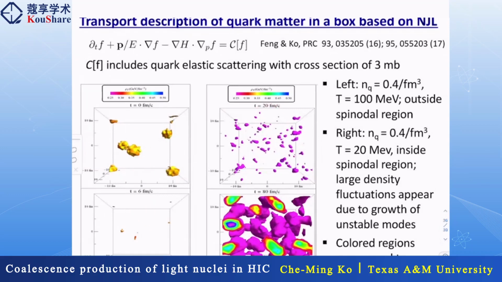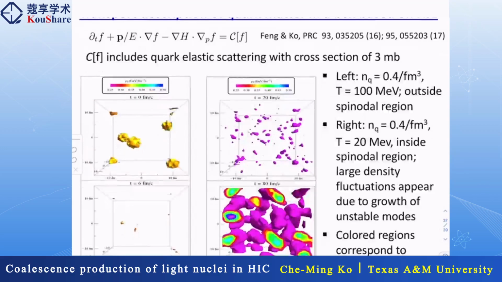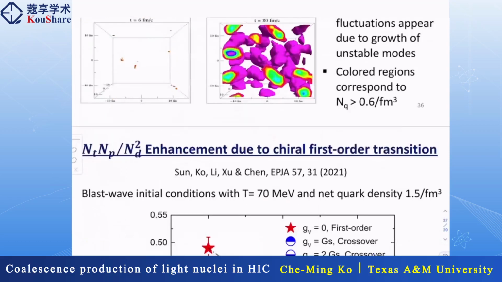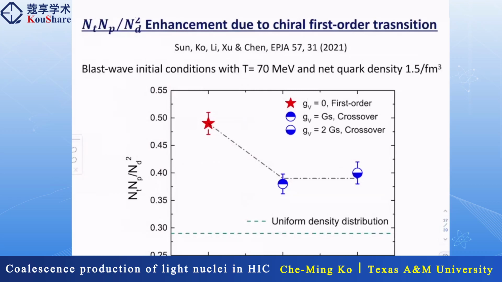If we start with quark matter, you evolve through the spinodal region, you get large density fluctuations. And that idea was later picked up by Kai Jia, and he showed that indeed you do an NJL model, initial conditions followed with the transfer model, then followed with the ART model, then do the coalescence.